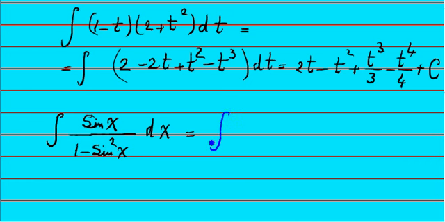Perhaps you pause and come back. Sine of x over 1 minus sine squared. One approach we might take is that we remember from a basic trig identity that 1 minus sine squared is equal to cosine squared of x, in dx.